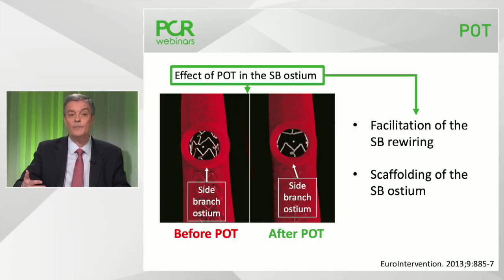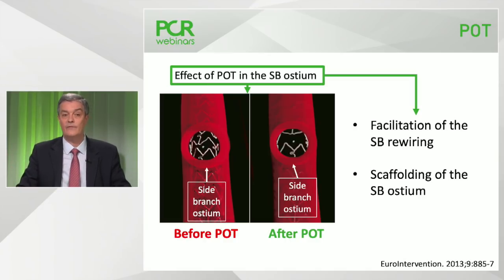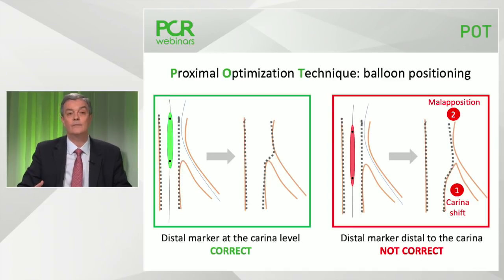But with proper position of the balloon in front of the carina, by inflating a larger balloon at higher pressure, you actually open more access towards the side branch, and again, you push some metal also to scaffold better the ostium of the side branch. So you can see in panel B, after stenting and after POT, you have much easier and better access into the side branch.